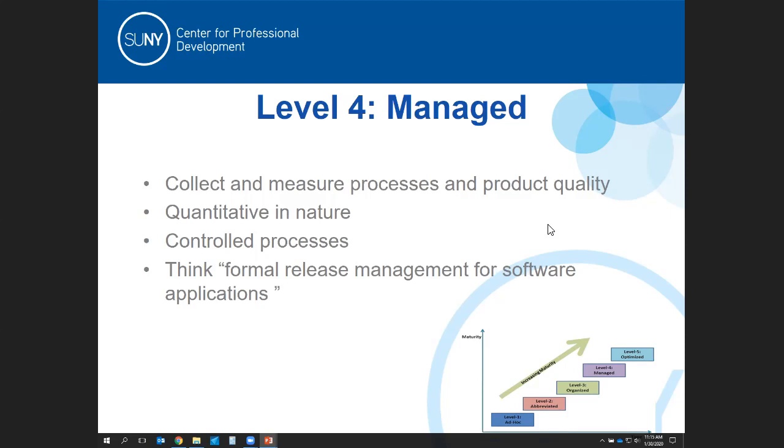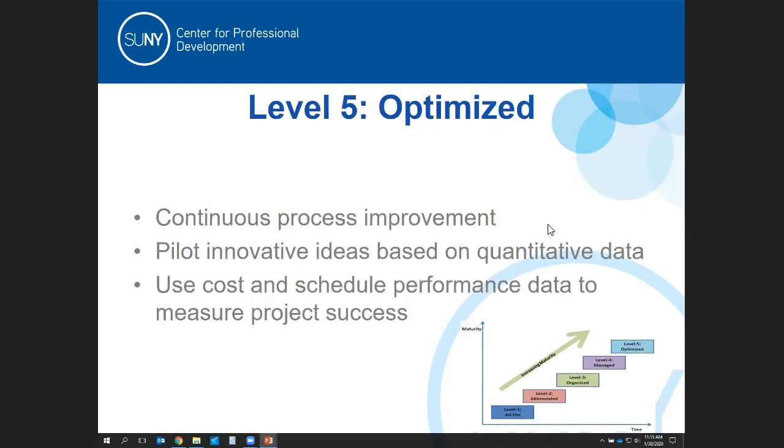All right, and then the final one is level 5, which is optimized. This is where continuous process improvement comes into play. These people have been at level 4 probably for a long period of time, and now they're trying to tweak out or get additional productivity or efficiency out of processes that are already in place. And they do a lot of work on collecting quantitative data so they can determine what the best bang for the buck would be when they apply continuous process improvement.